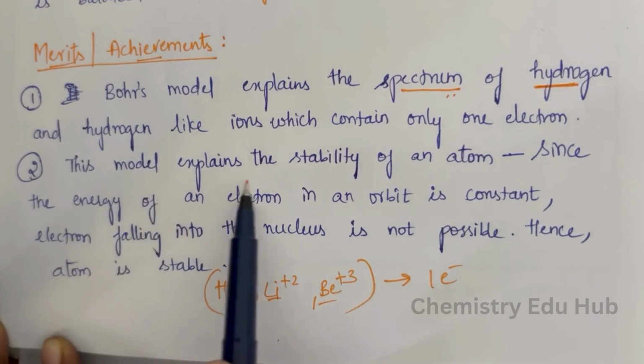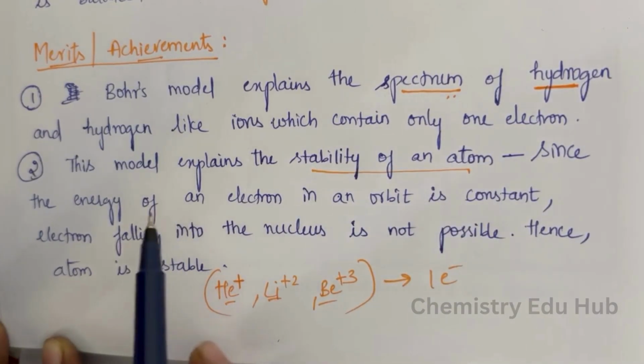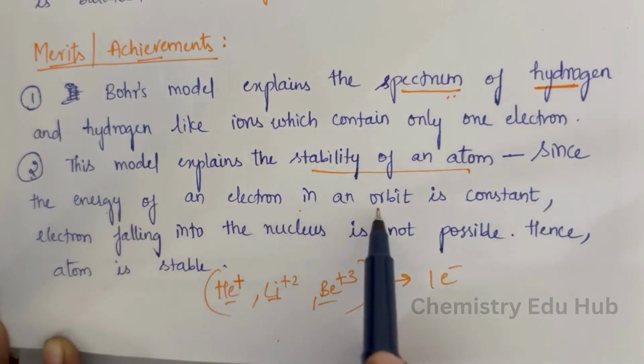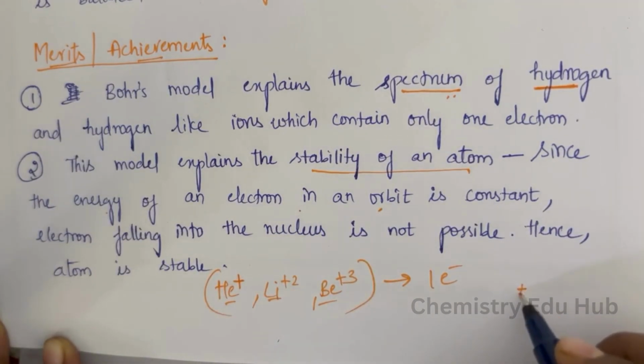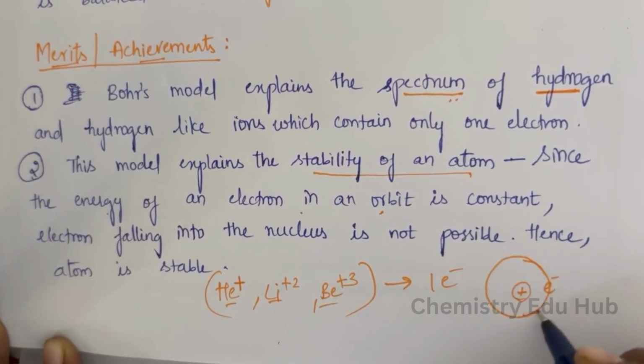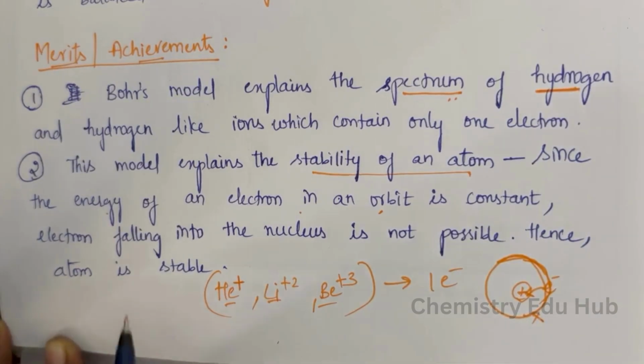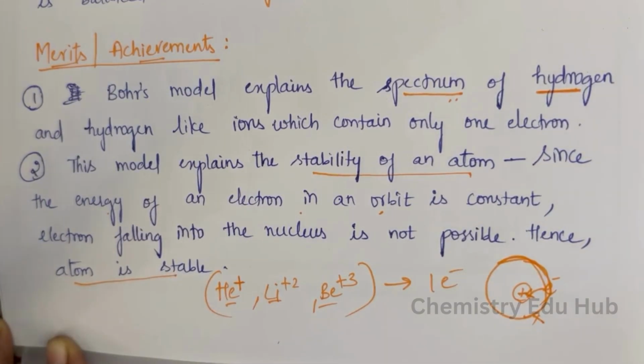Second merit is this model explains the stability of an atom, because as long as the electron is in a particular orbit, its energy is fixed. So there is no falling of electron into the nucleus. Hence, the atom is very much stable.